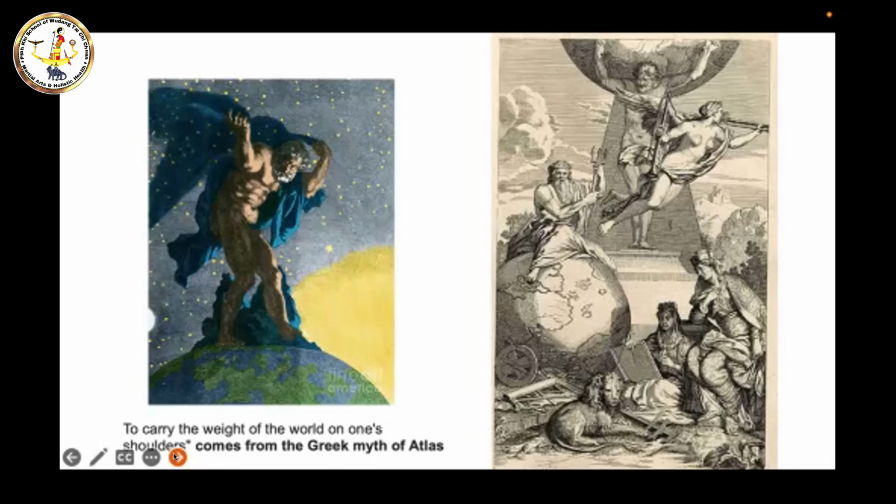Because the difference is, Shu's holding up the heavens, but he's not carrying the burden. He may be separating it from earth, from Geb, but there's not a burden like this. The Greeks just made this into a little burden, carry this weight of the heavens as a result of this war. And generally, this is how we associate the shoulder.